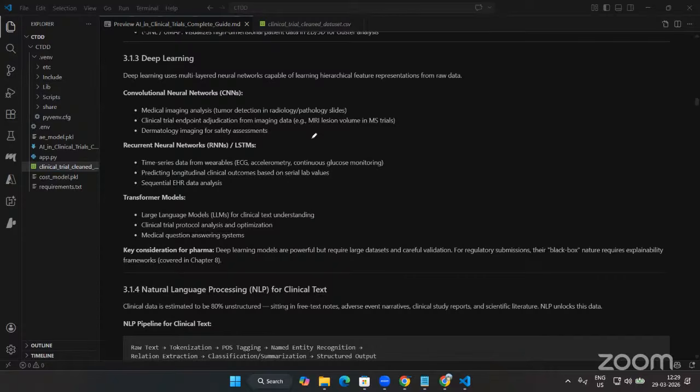So MRI in MS trials, it is able to work on imaging data, dermatology imaging for safety assessments.